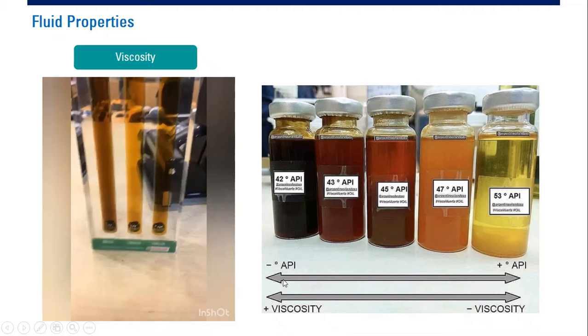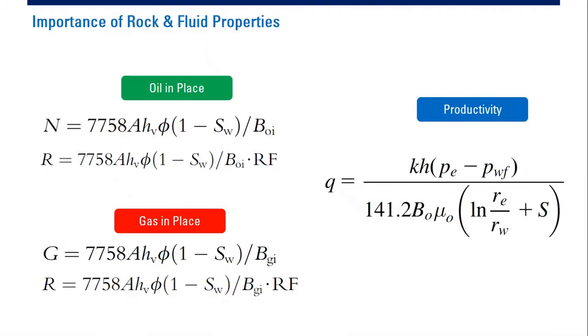Usually heavy oil will have high viscosity, easy to understand. But light oil will have low viscosity, so it can flow better than high viscosity or heavy oil. And the property is very important to determine the in place or productivity.